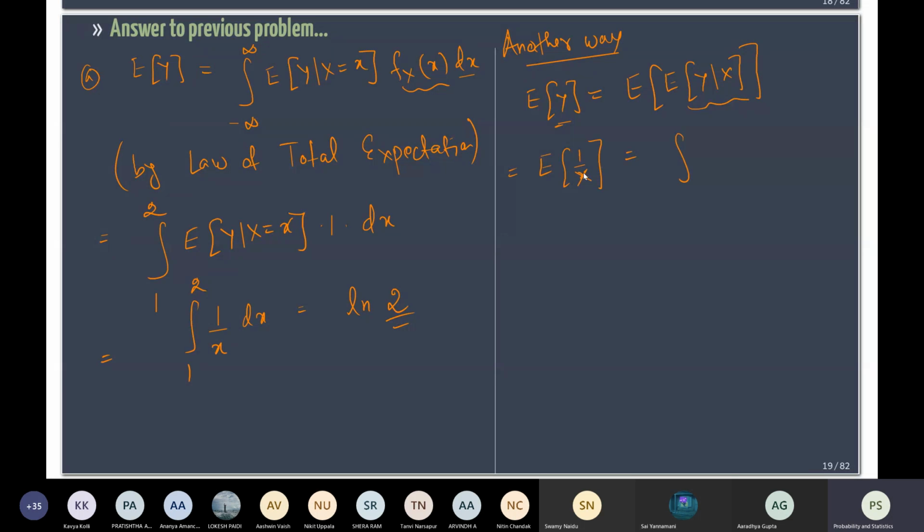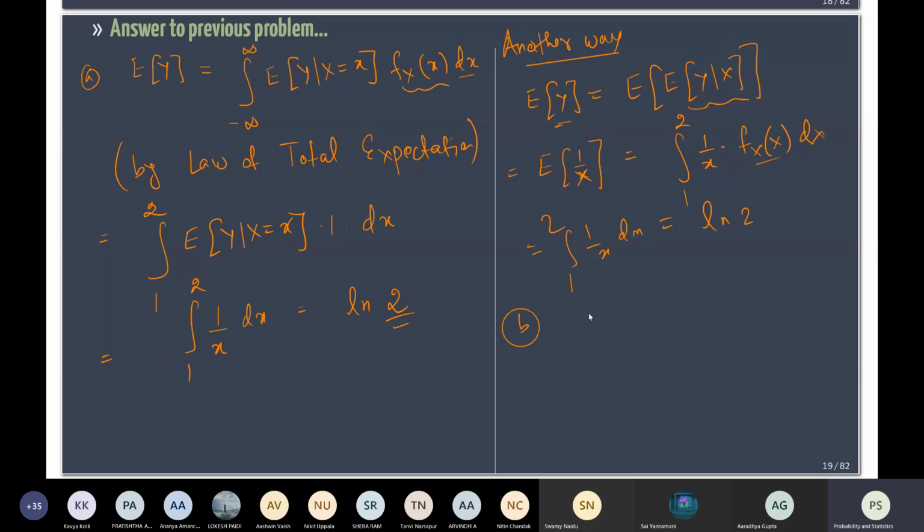This is like expectation of a function of the random variable, so 1 over x times f of x, where x lies between 1 and 2, and being uniform the PDF is just 1. So this is the integral from 1 to 2 of 1 over x dx, which again turns out to be ln 2. So in this case, this helped us.